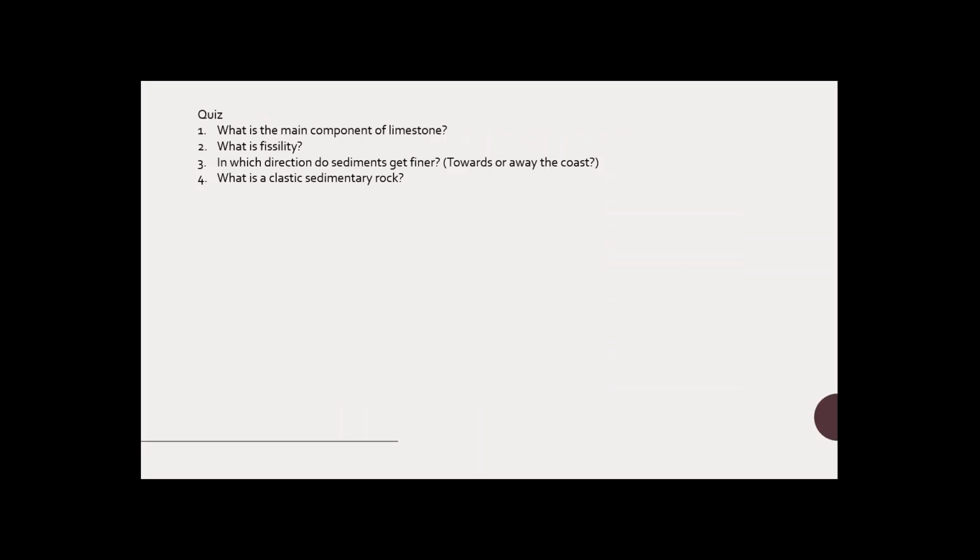The direction in which the sediments get finer is away from the coast. Yeah, okay. So as we get deeper, you're right. As we get deeper into the water, the sediments do get finer. So the sandstone that's found at the coast is going to be the grainiest, and the limestone that's found towards the middle is going to be the smoothest and the softest. It's going to be actually the easiest to scratch.